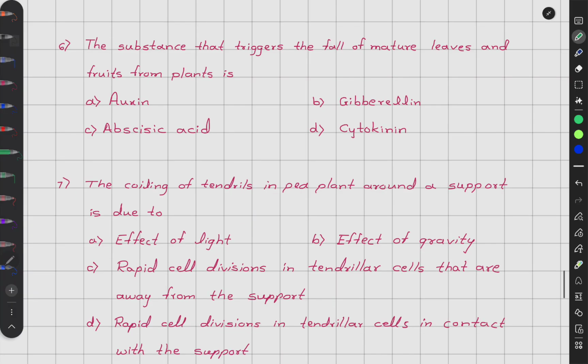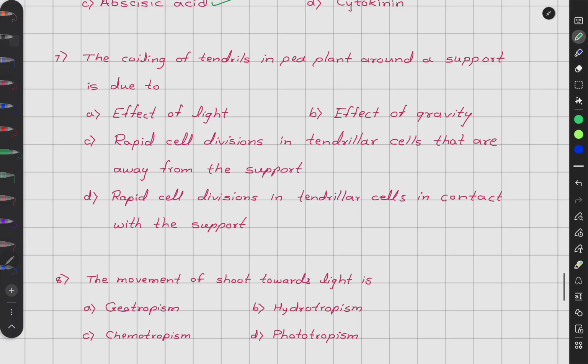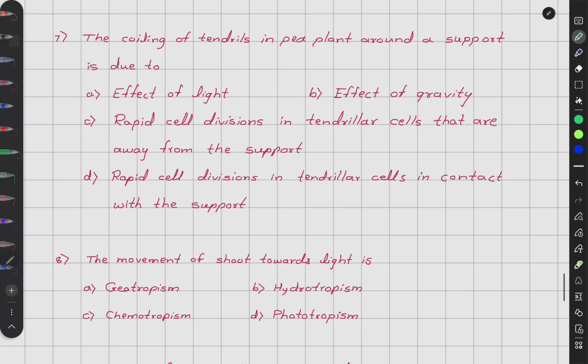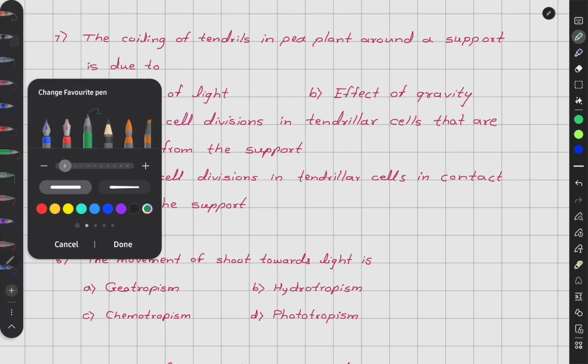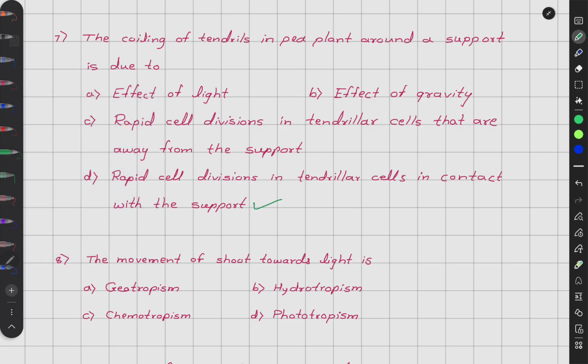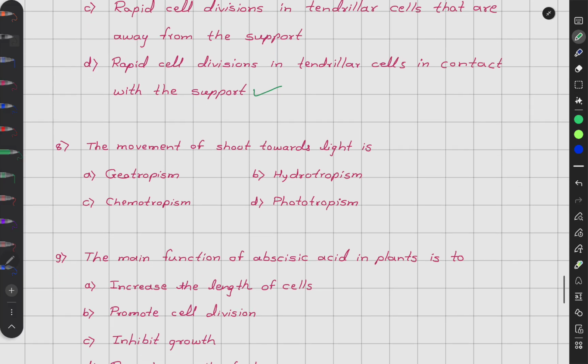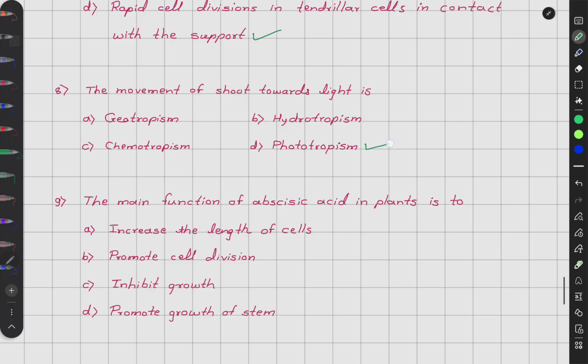Question number 6: the substance that triggers the fall of mature leaves and fruits from plants is abscisic acid. Question number 7: the coiling of tendrils in pea plant around the support is due to rapid cell divisions in tendril cells in contact with the support, that is option D. Question 8: the movement of shoot towards light is phototropism.